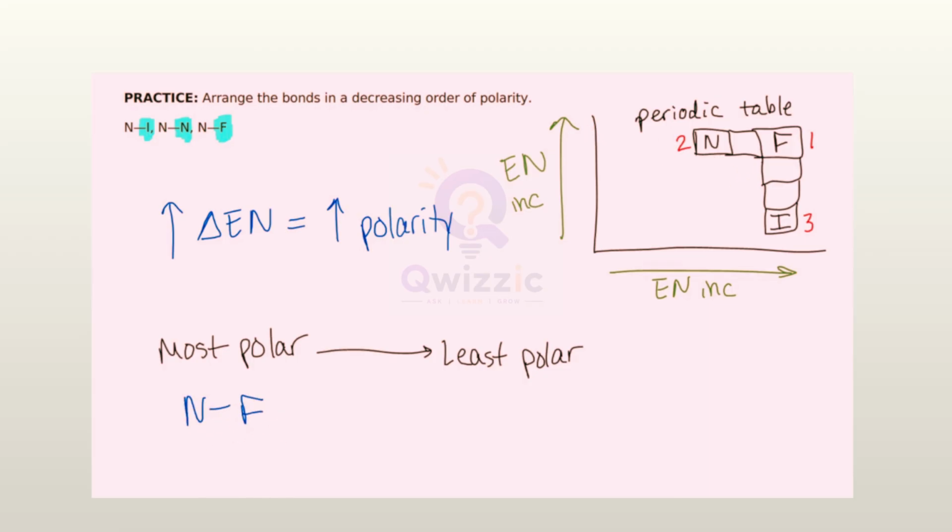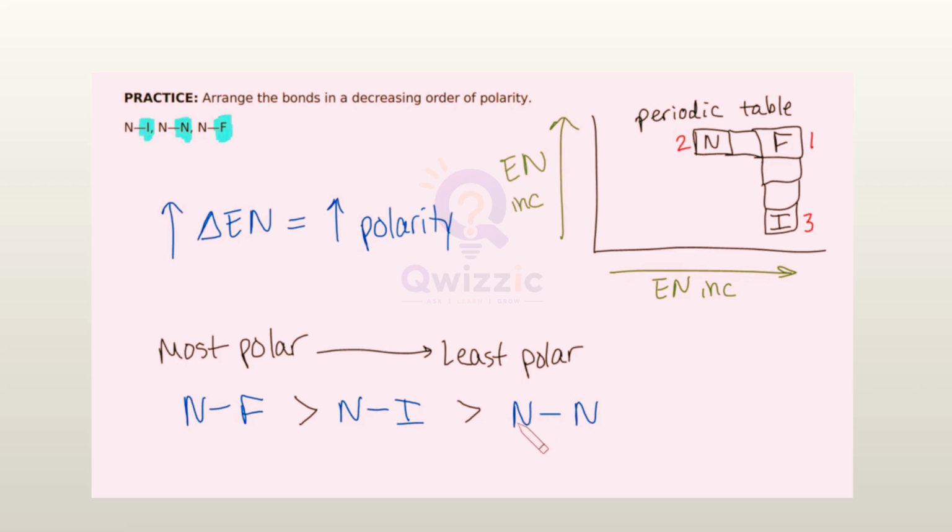But even though nitrogen is the next most electronegative atom, it's bonded to nitrogen. So the nitrogen-nitrogen bond is going to have zero difference in electronegativity. So that means nitrogen-iodine will be the next most polar, and nitrogen-nitrogen will be the least polar.